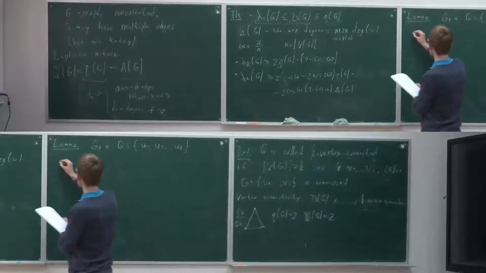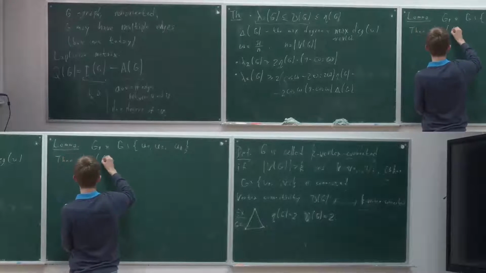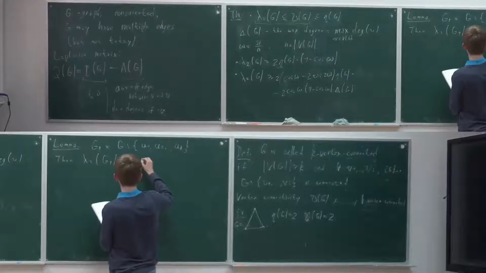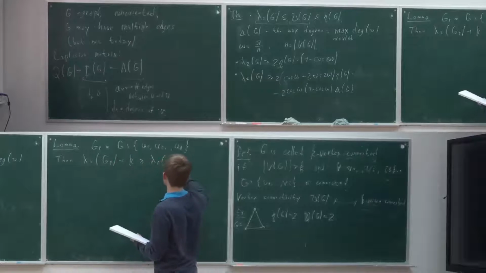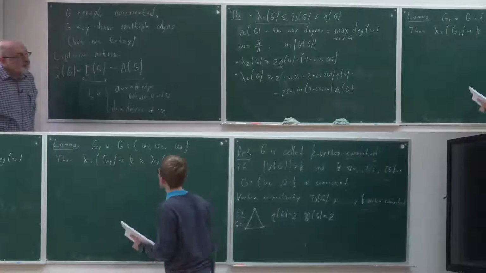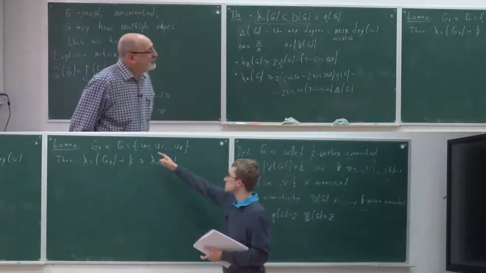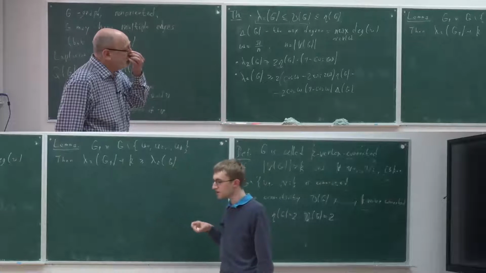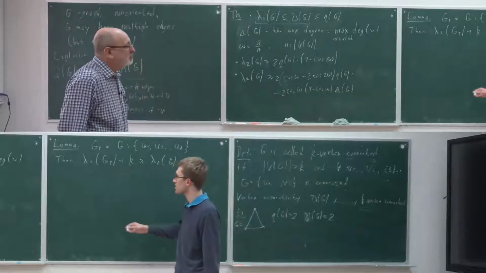Then I claim that the second least eigenvalue of G1 plus K is greater or equal than the second eigenvalue of the initial graph. So when we remove vertices, lambda 2 may decrease, but it does not decrease too much.